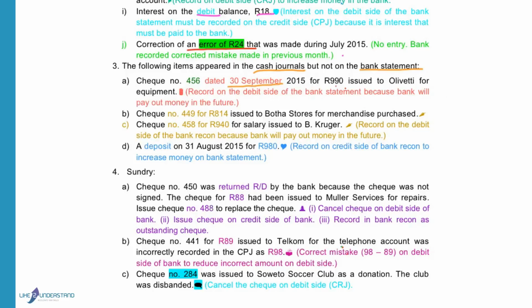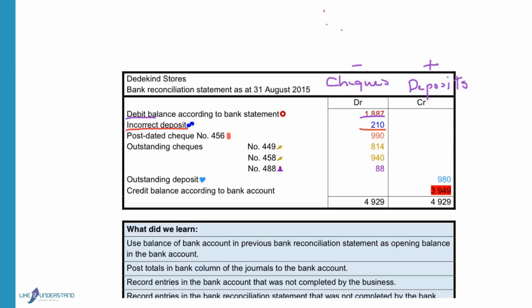And we will record in the bank reconciliation statement that this payment will be made in the future. When the bank pays out the money, they will record it in their books on the debit side, because the money in the bank will decrease with the check that's paid out.